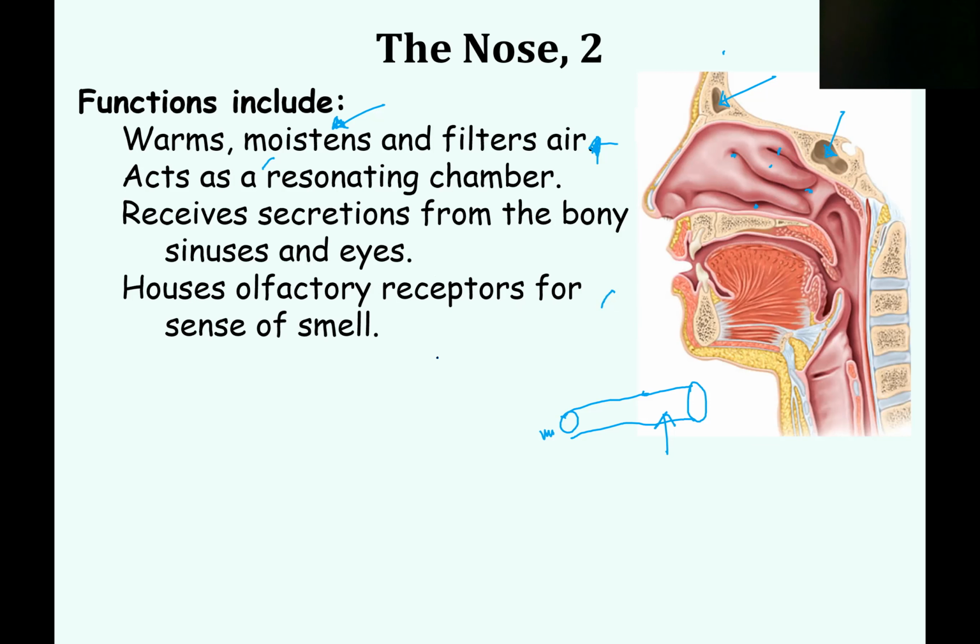It houses your olfactory receptors for your sense of smell. Again, in order to smell something, it has to be volatile, lipid, or water soluble. And your sense of smell is linked to your sense of taste.